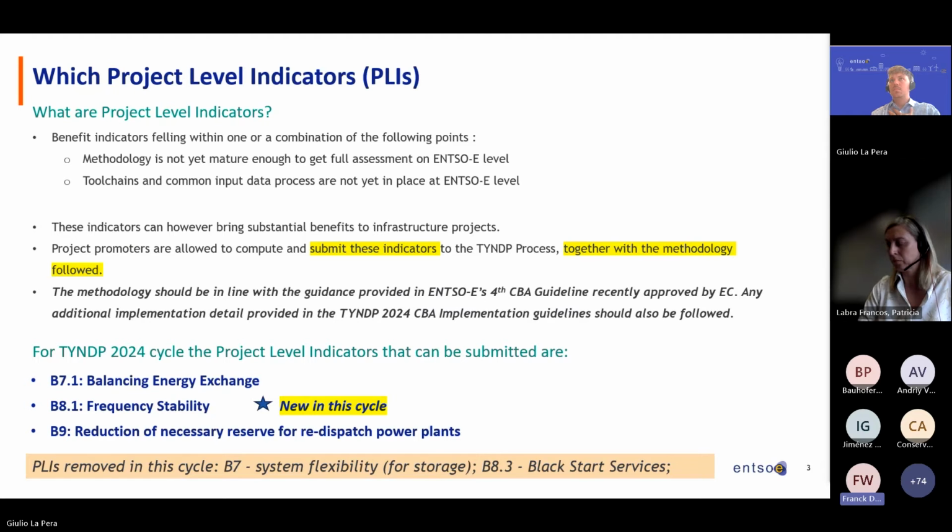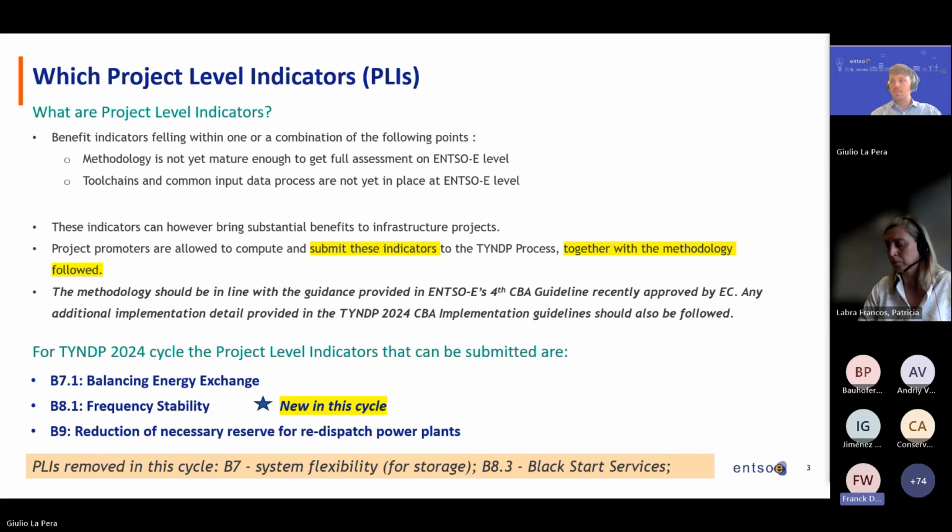More alignment may be needed with the European Commission, maybe a project promoter EC-wise. And the BA3 indicator, which is the Black Start Services benefit, was deleted.